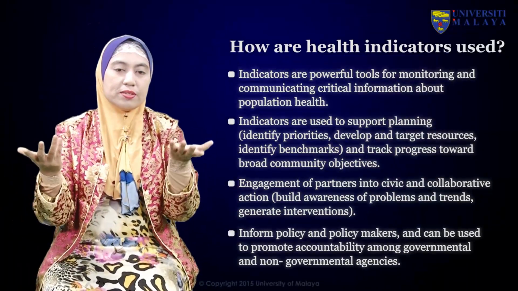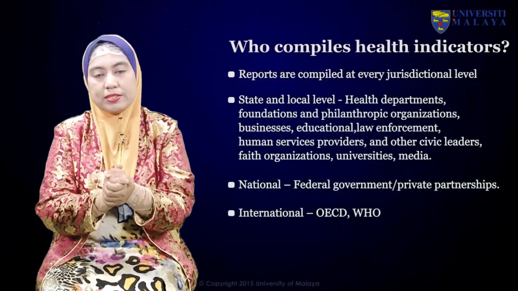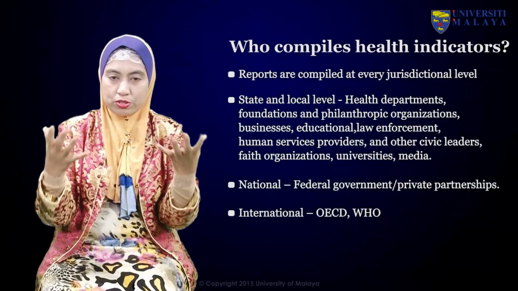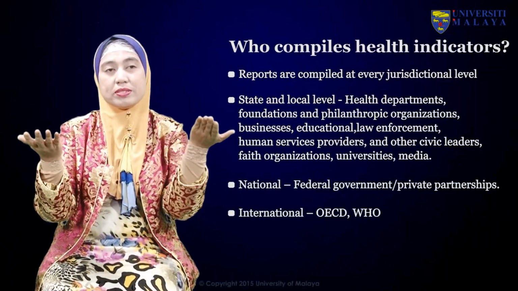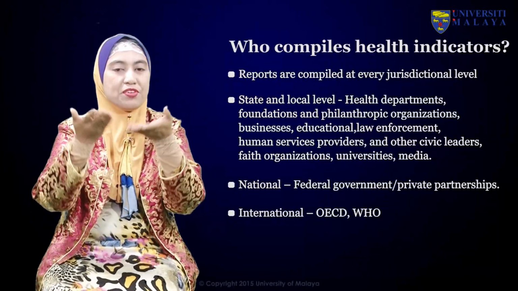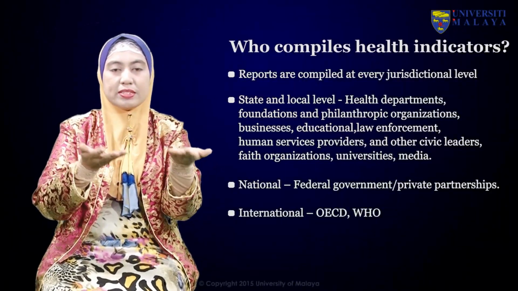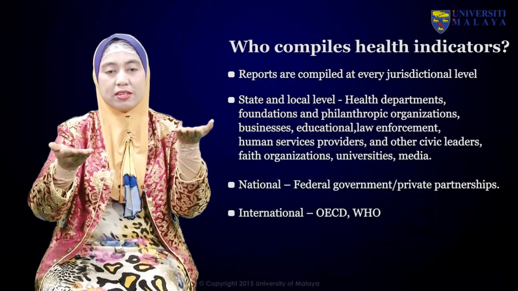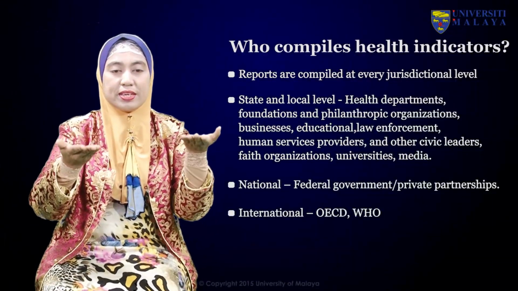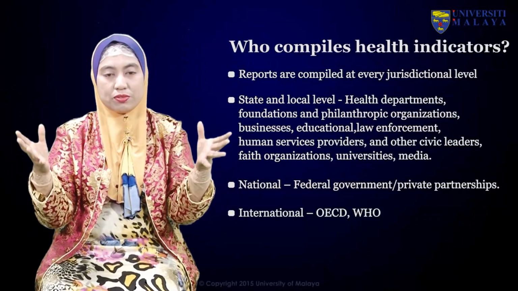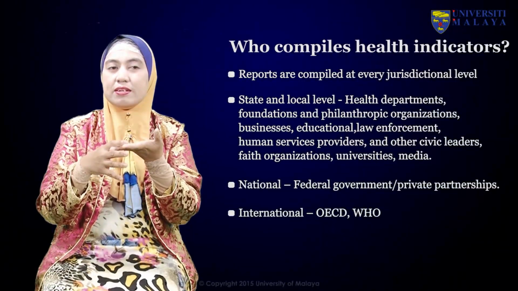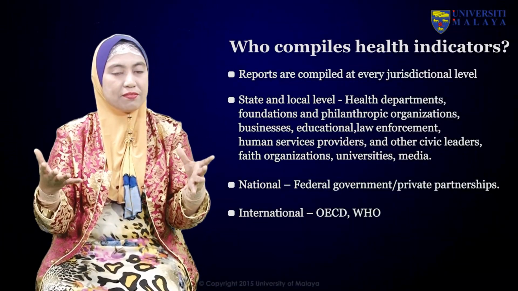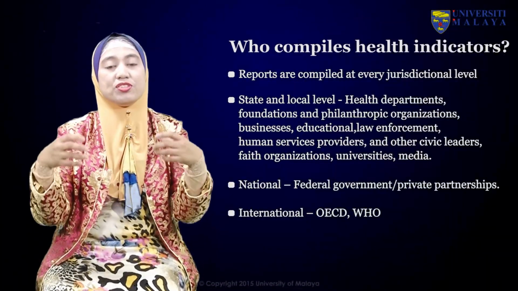So how do we compile health indicators? First, we use reports. Depending on the jurisdiction level, they have reports sometimes every year, or every 6 months, or every 3 years, depending on the importance. For the Ministry of Health, they have state level, district level, and national level.